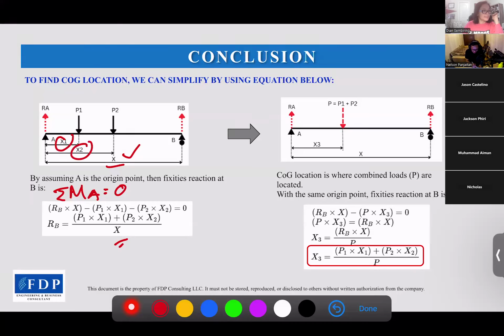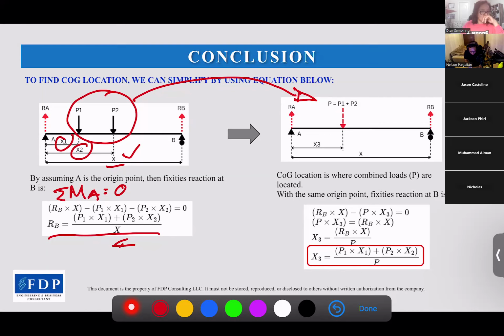Then RB equals P1 times x1 plus P2 times x2 divided by the total length x. Then we change the load by combining P1 and P2 into P here, whose location is x3. x3 is the COG location, or the combined load location.